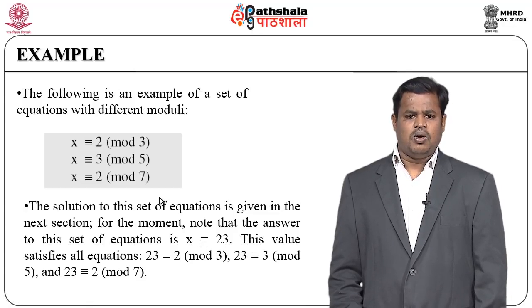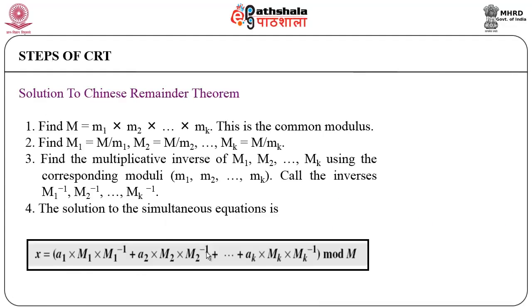So, we will come to know how we got this 23 with the help of the Chinese remainder theorem. The steps involved in finding the common value x are 4. In step 1, the first thing you have to do is find capital M, which is nothing but the common modulus.